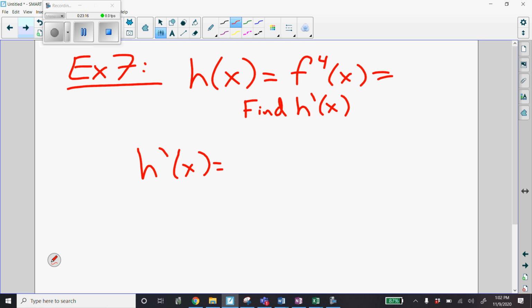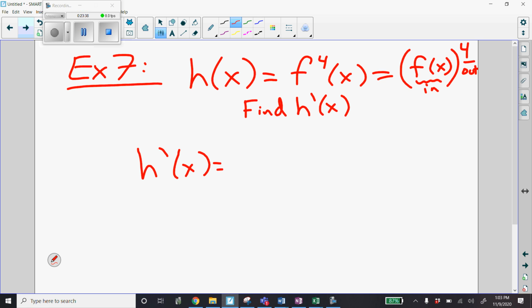Well, again, we have to think about what that means. F to the fourth power of x. That means f of x raised to the fourth power. When we write it like that, it's easier to identify, oh yeah, f of x is my inside, x to the fourth is my outside.